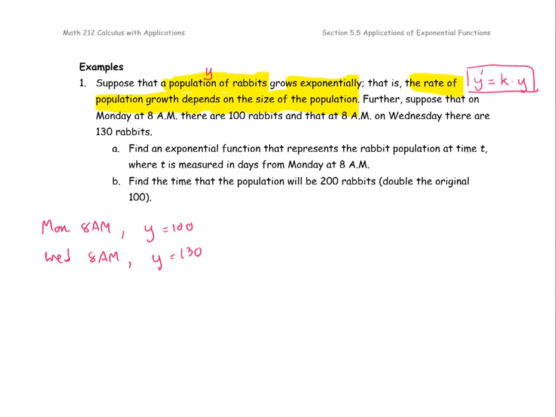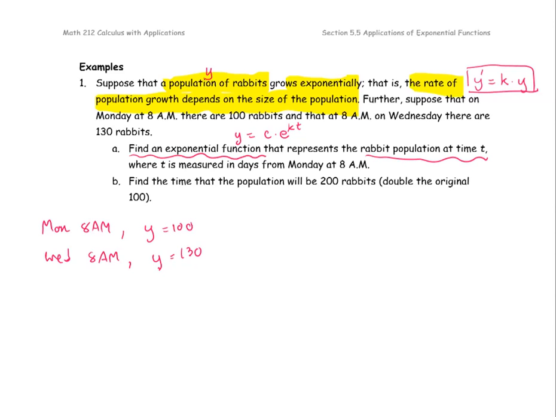We are going to find the exponential function, in the form of y equals c multiplied by e to the power kt. Recall this is a growing quantity, or exponential growth, so we have a positive k as the power of the exponential. We are going to find the function y equals c times e to the kt that represents the rabbit population at time t.